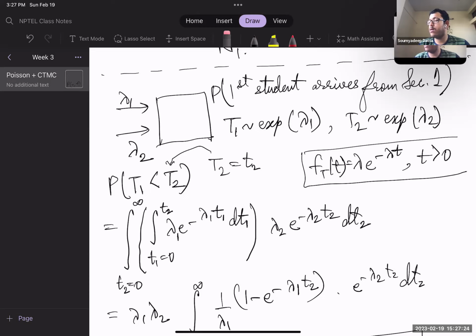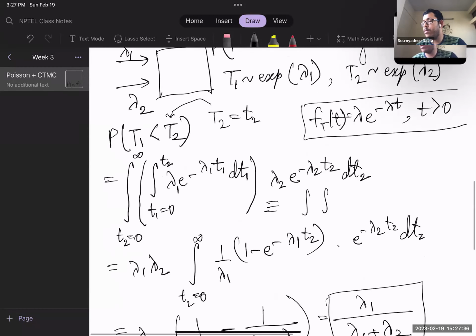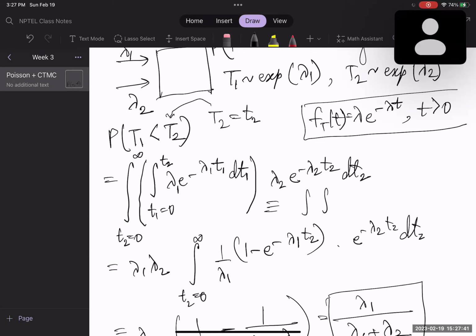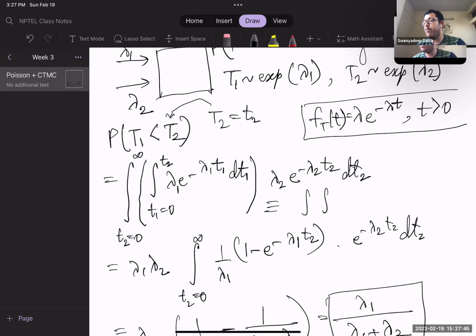You can also view it in another way. Just remember that whatever variable you are fixing has to be integrated out. If you are fixing T2, then T1 has to be integrated out first so that you obtain the expression in terms of T2, and then integrate out T2 later.